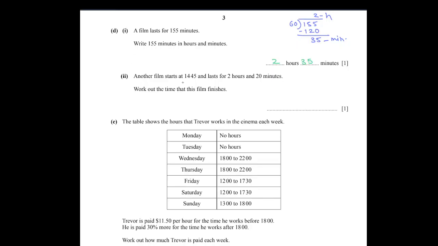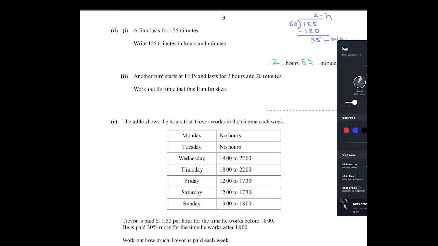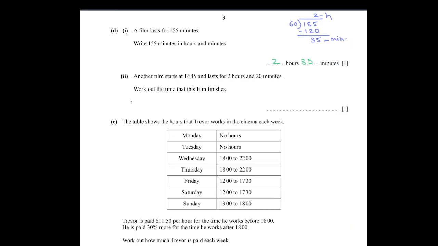Question 2. Another film starts at 14:45 and lasts for 2 hours and 20 minutes. Work out the time that this film finishes. So 14:45 it's starting. When you take 2 hours after this time, 14, 15, 16, it will be 16:45 exactly.